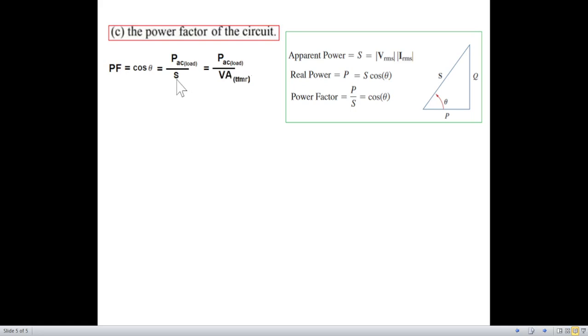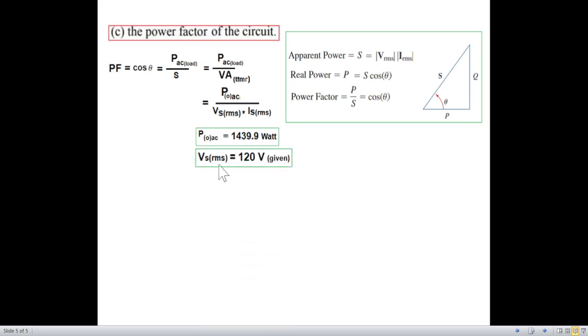So P of the load, and then S, this one is VA of the transformer, or VA rating of the transformer, we say, which is same on the primary and secondary side. You can also write this to be VRMS IRMS because we know this value. So VS IS, where VS is the secondary RMS voltage, and IS is the secondary RMS current. Now POAC we already know.